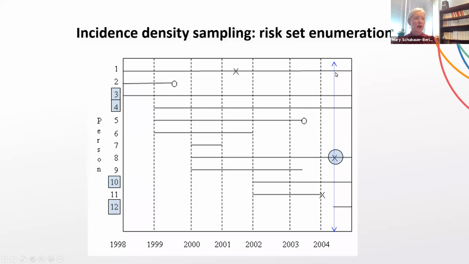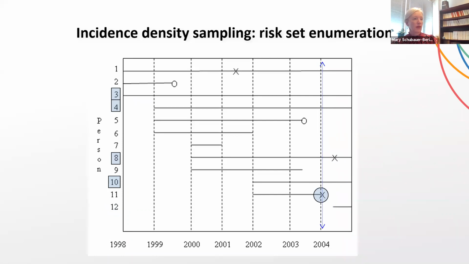So person number 1, not in the risk set because they already had the event at an earlier time point. Person 2 withdrew before the event occurred, so they're not in the risk set. Person 3, person 4, they are in the risk set, and et cetera. You can see exactly who is in and who's not in the risk set. So there are really 4 people in the risk set for person number 8.